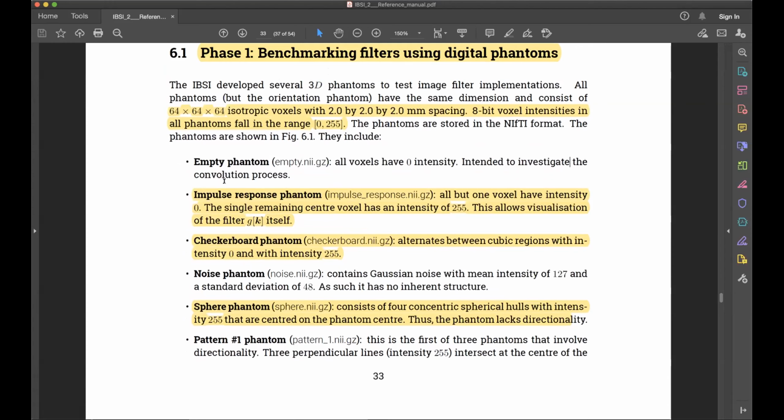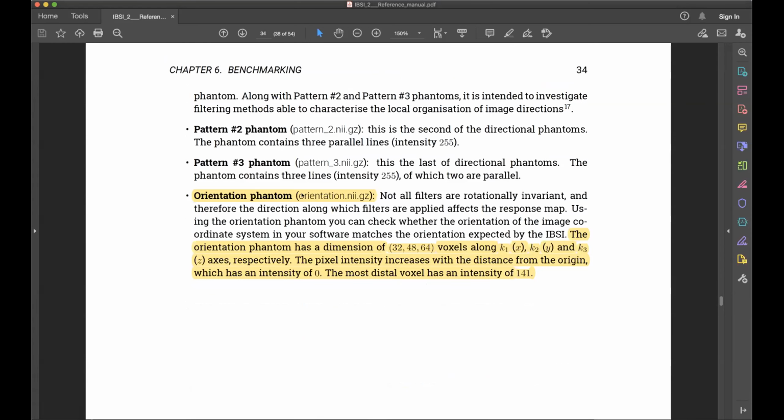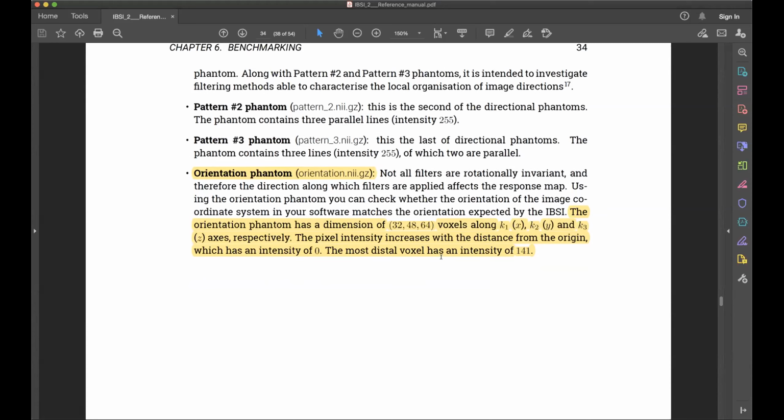But before looking at any of those phantoms, one of the most important phantoms is the orientation phantom, which has different voxel dimensions and different intensities along those dimensions.